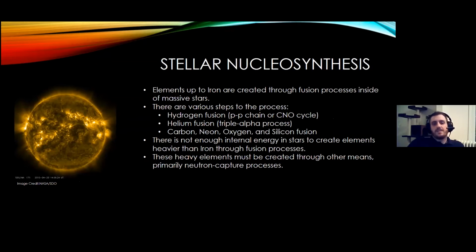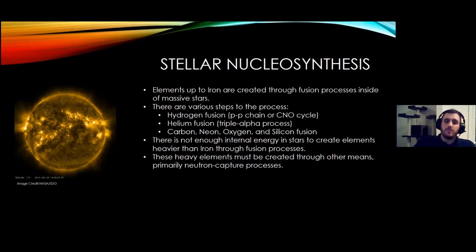Like I said, elements up to iron are created through fusion processes inside of stars like the sun or other stars as well. There are various different steps to this process to create these elements up to iron. It starts with hydrogen fusion, the proton-proton chain, or PP chain, or the CNO cycle, carbon, nitrogen, oxygen. And all of these involve fusing hydrogen nuclei to become a helium nucleus.